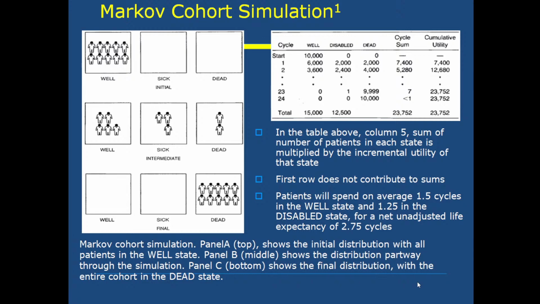Some of them stay well, some of them are sick, intermediate, and some of the initial group are dead. And Panel C, the bottom level, shows the final distribution with the entire cohort in the dead state. At the final state, all the patients are dead.